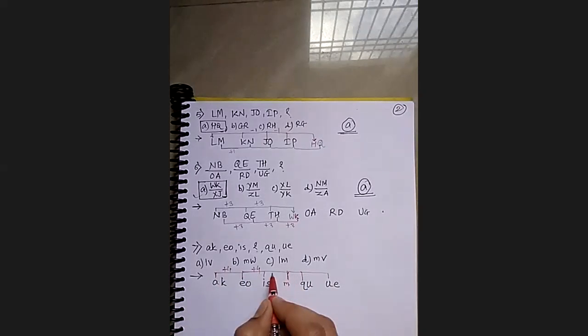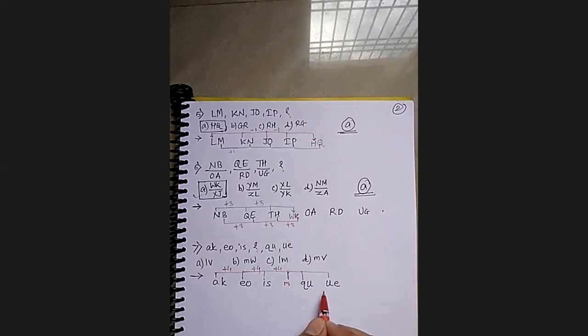And the same relationship is existing in between these. Let's find out Q and U. So after Q, if you go 4 letters ahead, it is your U, right? And therefore again the plus 4 is existing, so this is valid.